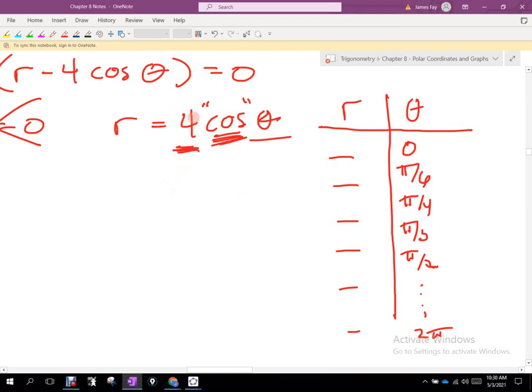And the center, because it's on the x-axis, that's cosine, the center is going to be half of that as well. So 2 would be the x value of the center. So there is some relationship between seeing that and identifying what the actual radius of the circle is and what the center of the circle is.